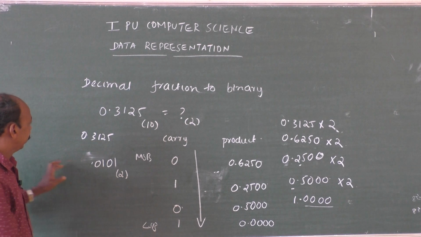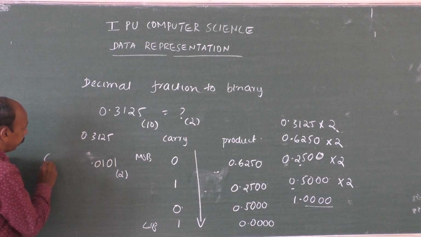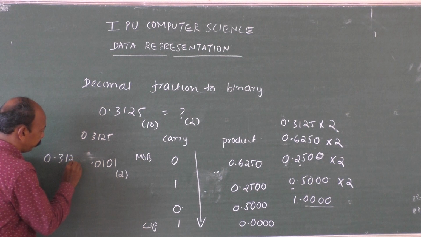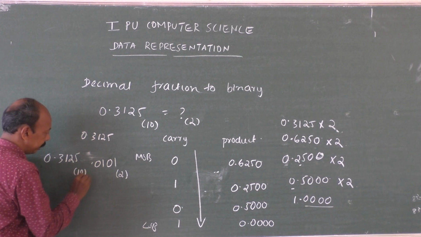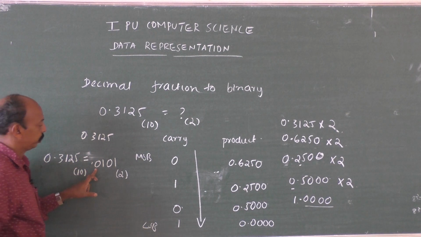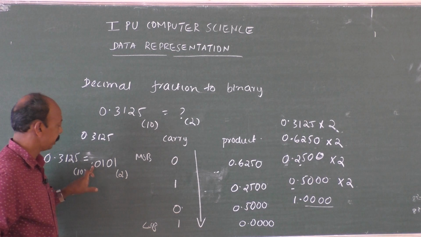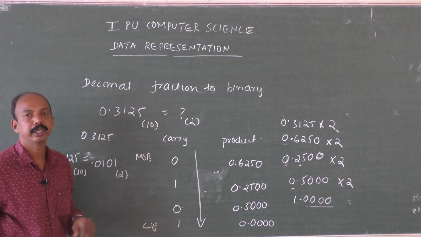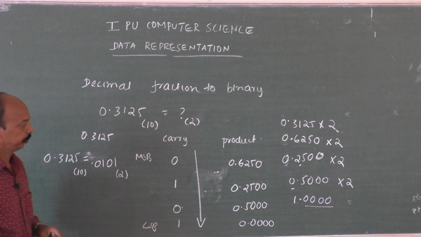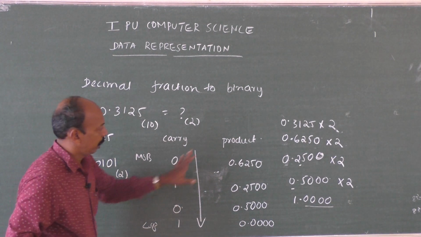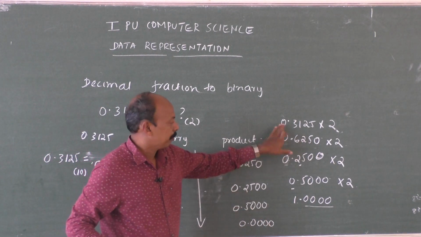So what can we write? 0.3125 to the base 10 is equal to 0.0101 to the base 2. Hope this is understood.